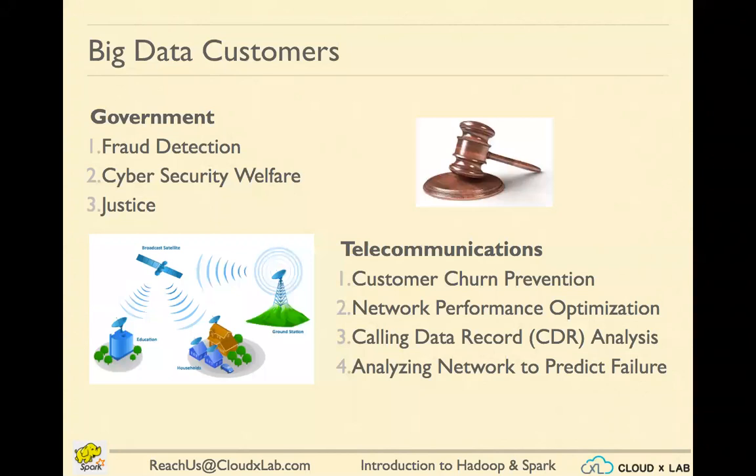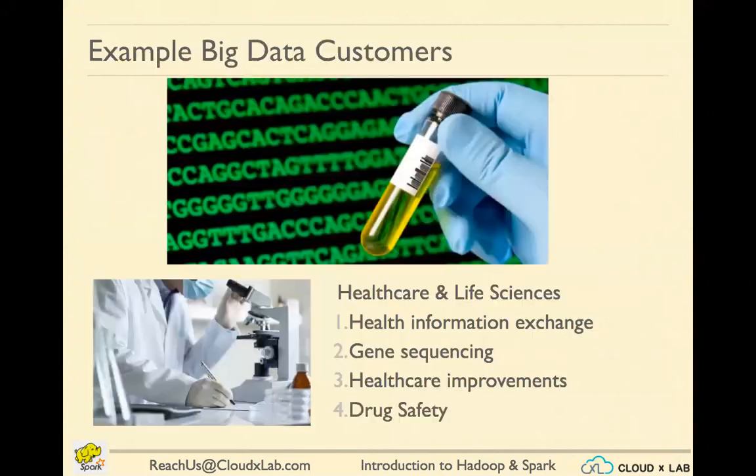People do it to a very large extent. The network has certain behavior when the equipment is about to fail, maybe a couple of hours before, and using that we can predict whether the network is about to fail and take preventive measures to avoid the failure.